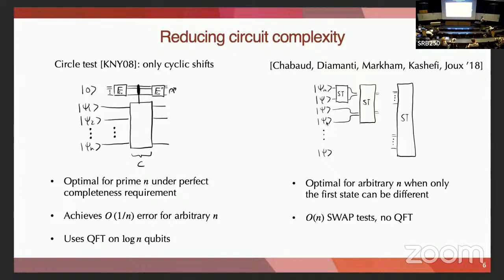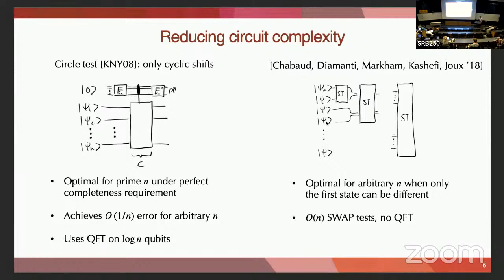What they also managed to prove is that it's optimal, again under perfect completeness requirement, but only for prime n. And it achieves 1/n error for arbitrary n. The reason to consider such a test is that the circuit is much simpler, because we only have n permutations instead of n factorial permutations. So we need to use a quantum Fourier transform only on log n qubits in the ancillary register.